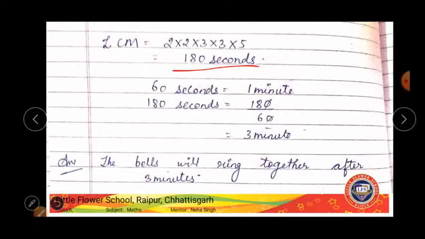Now we know that 60 seconds is 1 minute, so 180 seconds will be 180 by 60, which is 3 minutes. So all the bells will ring together after 3 minutes. We just need to find the LCM, and then convert the seconds into minutes. So that will be our answer.